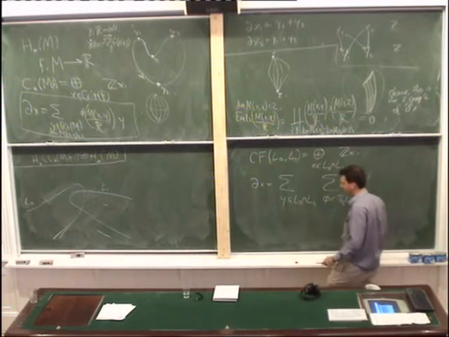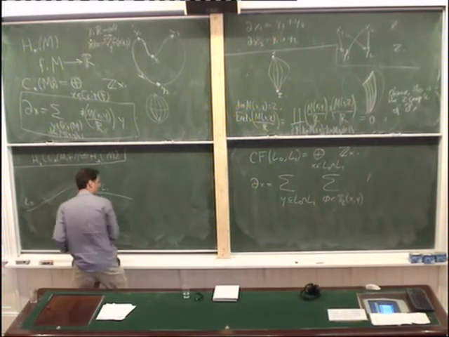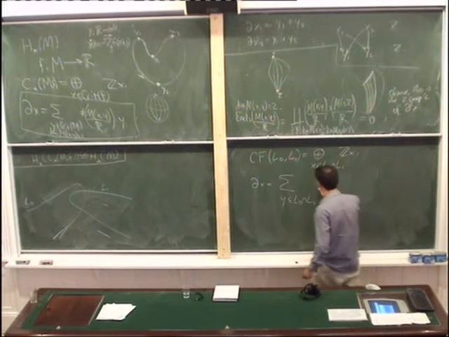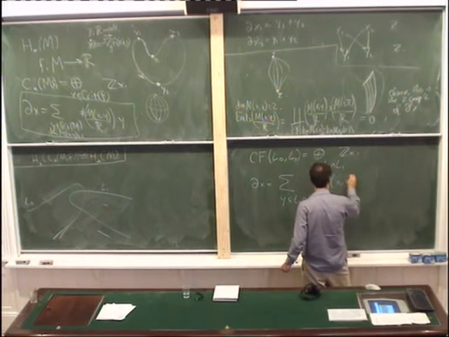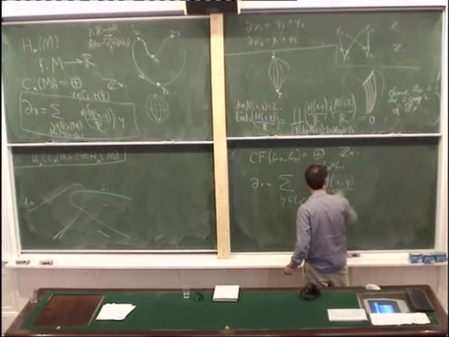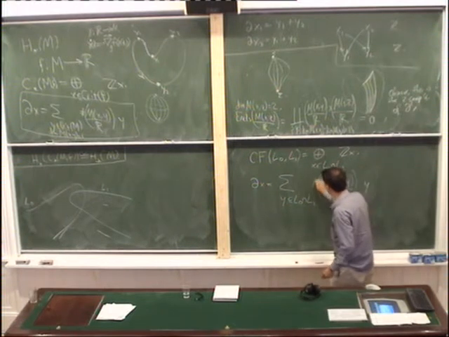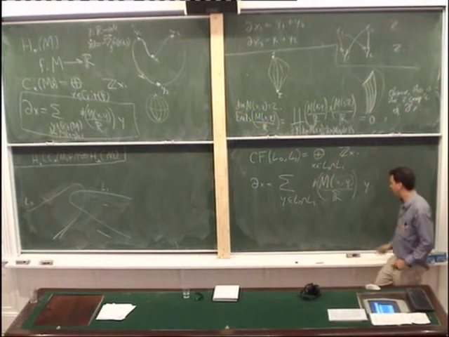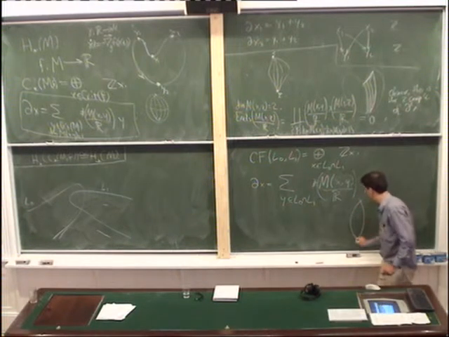So, I mean, I could say moduli spaces of holomorphic disks that connect X to Y modulo translation times Y. Maybe that's the better way of saying it. So now we're looking at holomorphic disks.